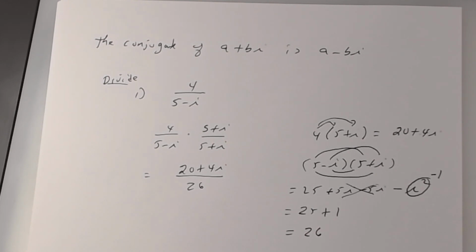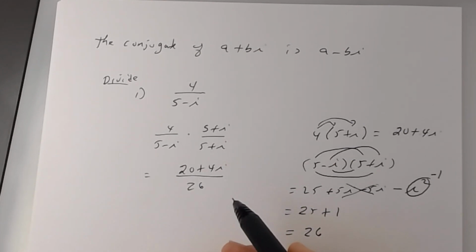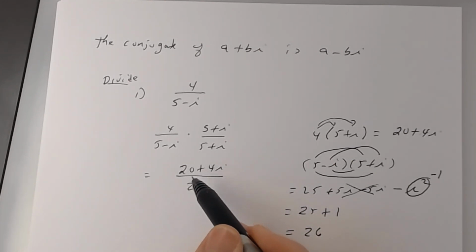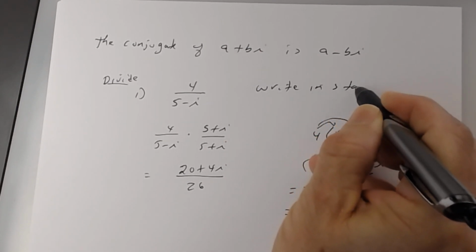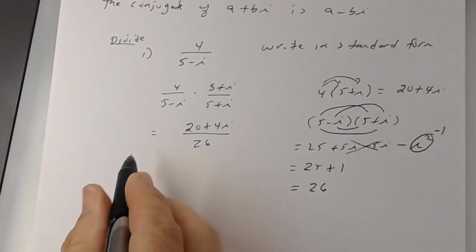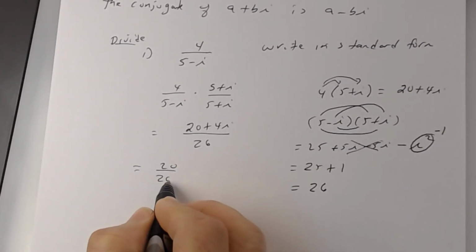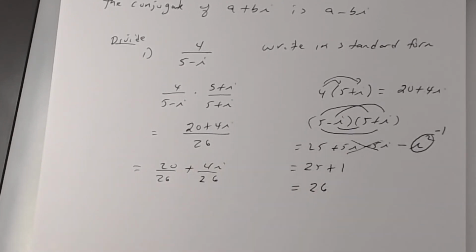Now, what I need you to recognize is I see this 20, the 4i, and the 26. First, let's think about what they're going to ask. They're going to tell you to write the answer in standard form. Standard form means a plus bi. So that's 20 divided by 26 plus 4i divided by 26.